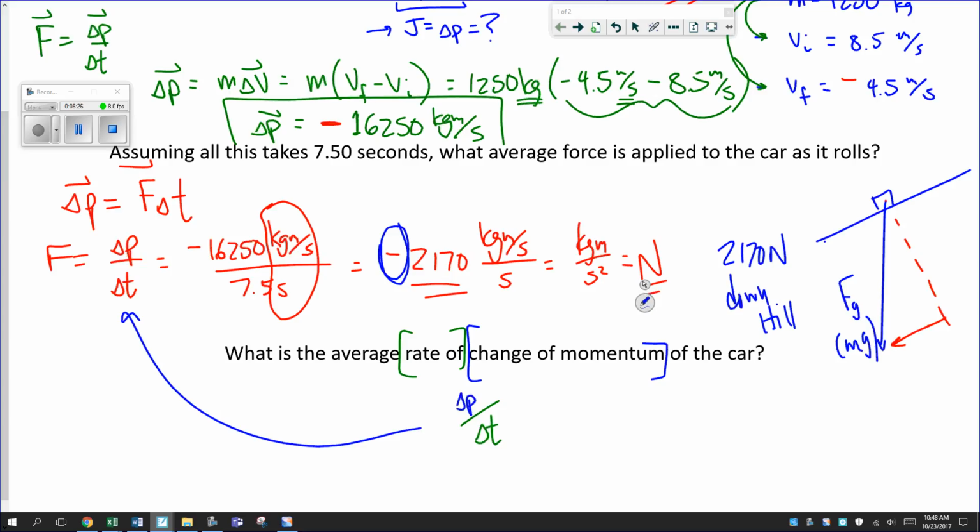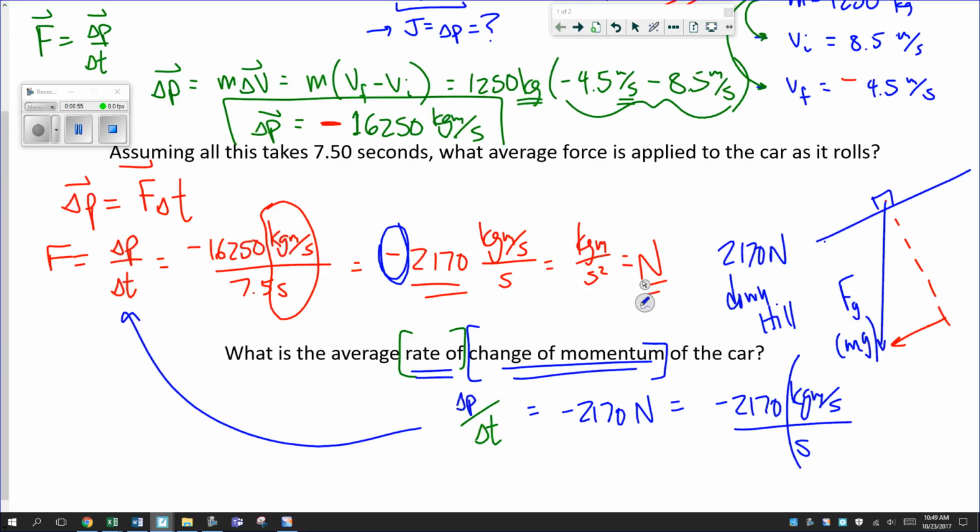Okay, so what's the best answer here? I mean, it's fine to write 2,170 newtons. That's equivalent to the answer. It might make a little more sense in terms of what the question's asking to say, how fast does the momentum change? Well, it changes by 21 kilogram meters per second each second on average.